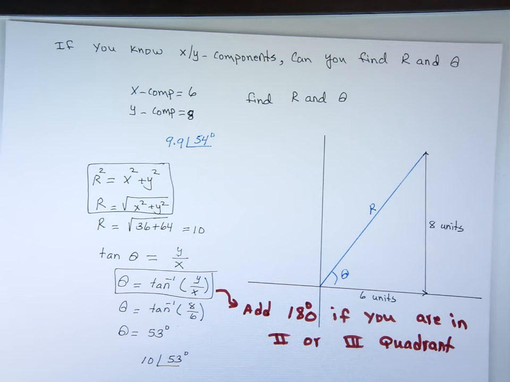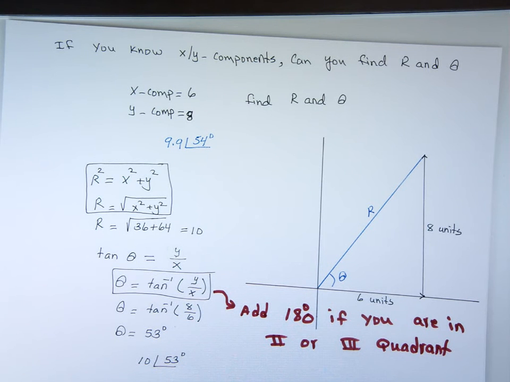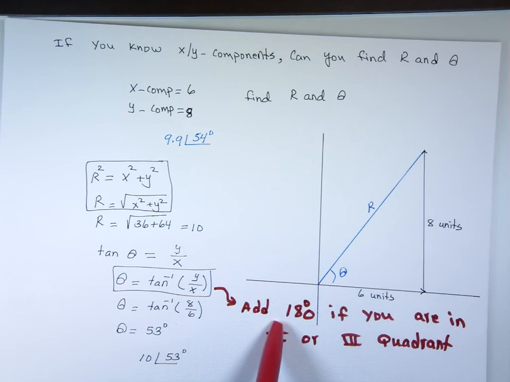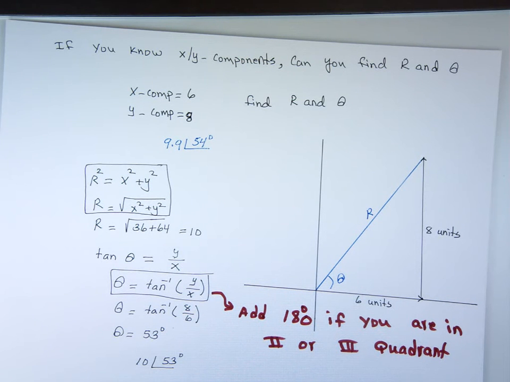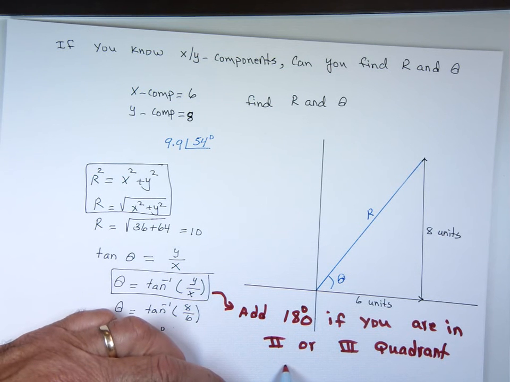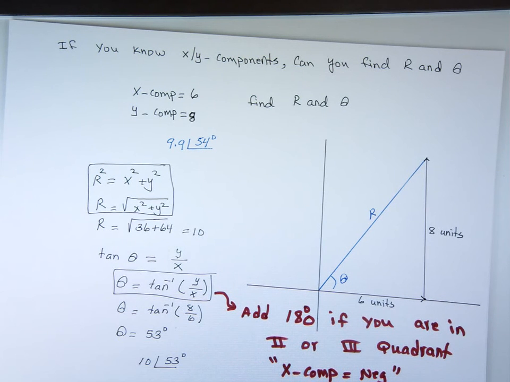The x value is always negative for the second and third quadrants. So if the x component is negative, you're in the second or third quadrant. So just add 180 to your answer. I don't care about y. If the x component is negative, always add 180 to your answer for that angle.